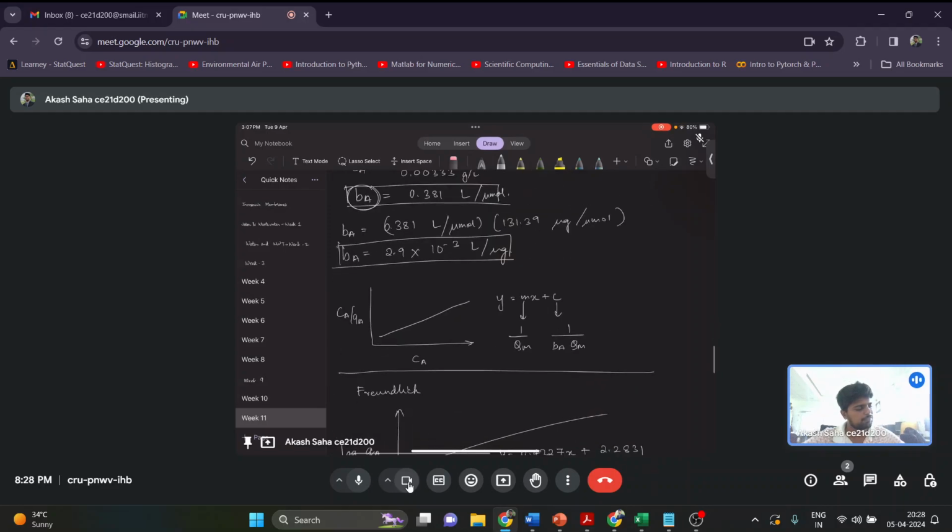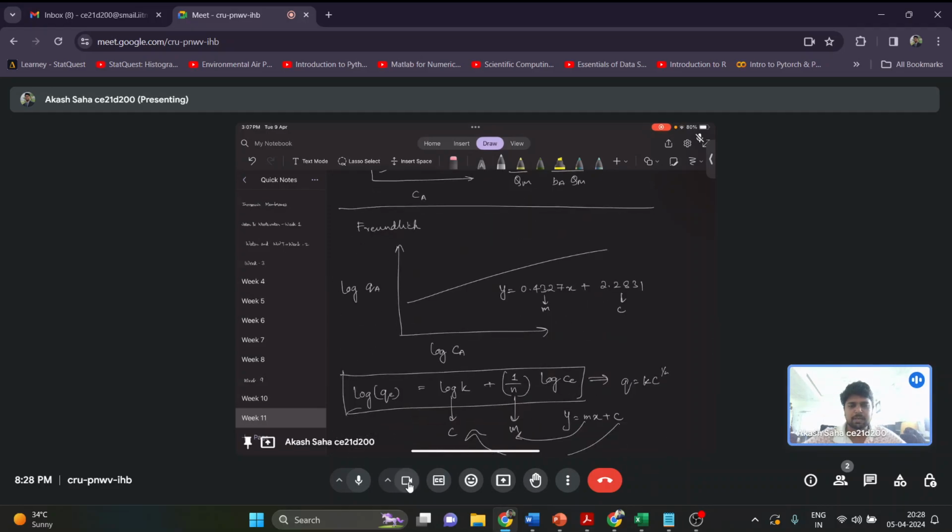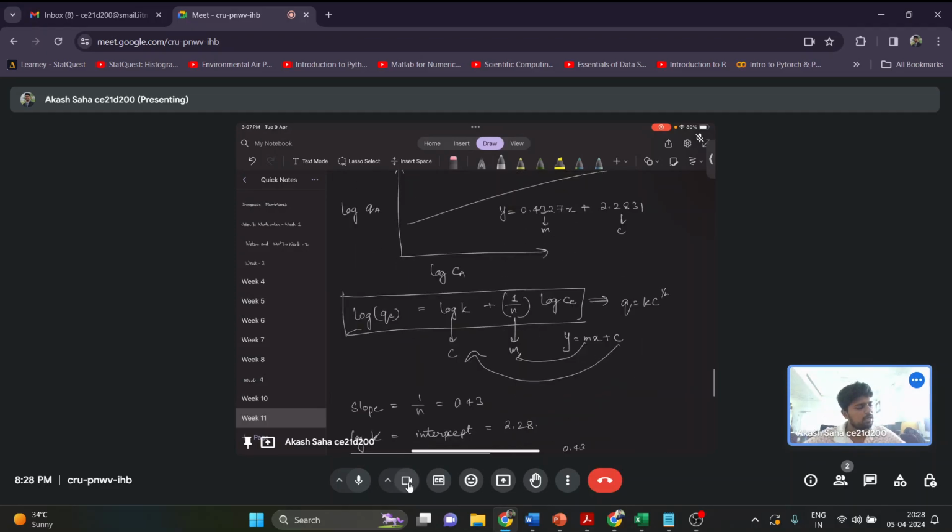And for the Freundlich term, again we will make a graph between log Ca and log Qa. We'll get the equation of the line, and my intercept will be log K and my slope value will be 1 by n. Fine. So in this manner we can simply find out all the required parameters. I hope it is clear.